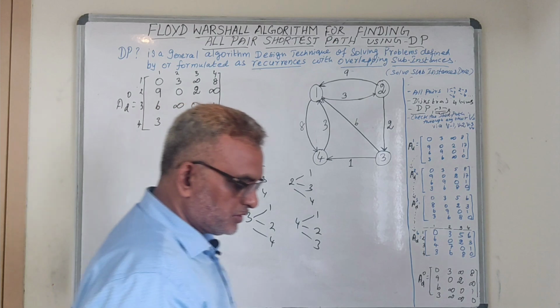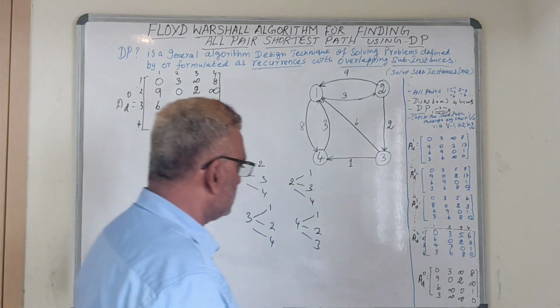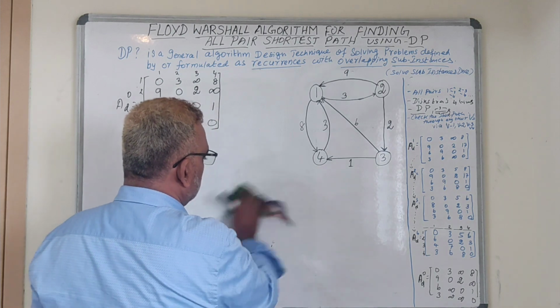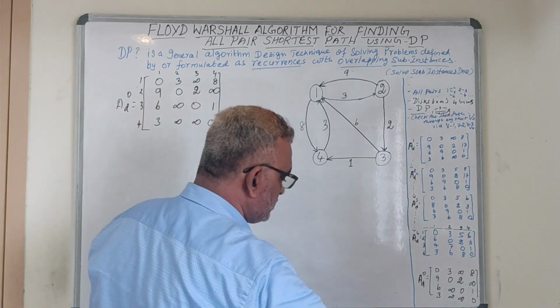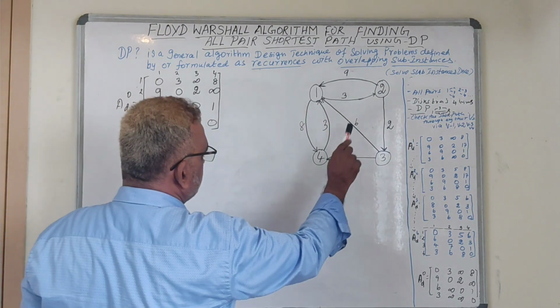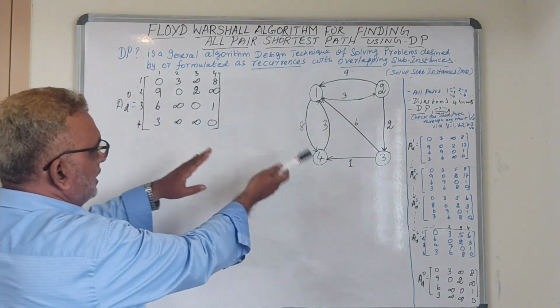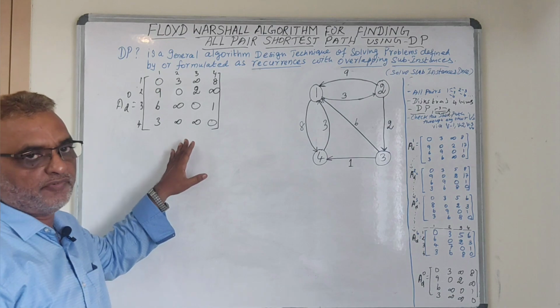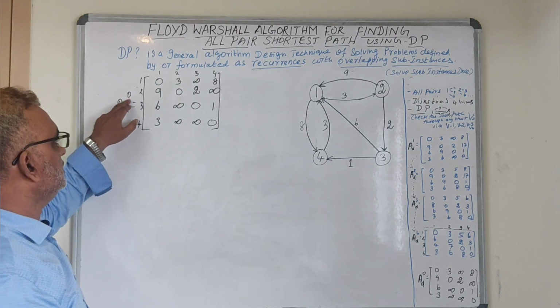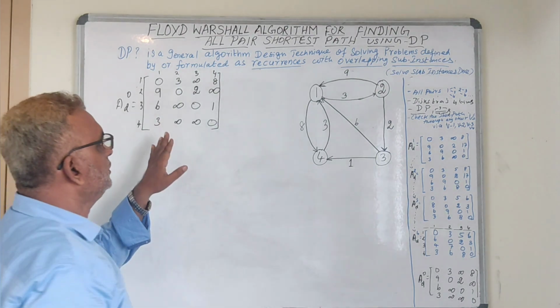So in order to solve this problem, first of all we have to convert the given graph into its equivalent adjacency matrix. The graph is given here, and we are representing it in the form of an adjacency matrix. Consider this AD 0, the level 0.